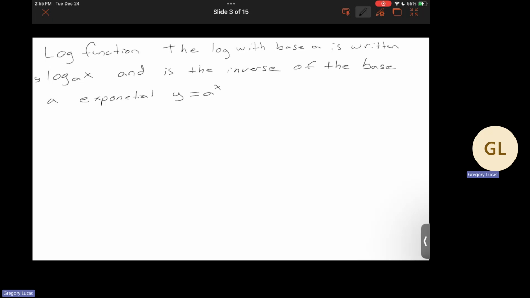So let's say this is y equals log a of x. So y equals log a of x and y equals a to the x are inverses, which we saw when we graphed those earlier on.